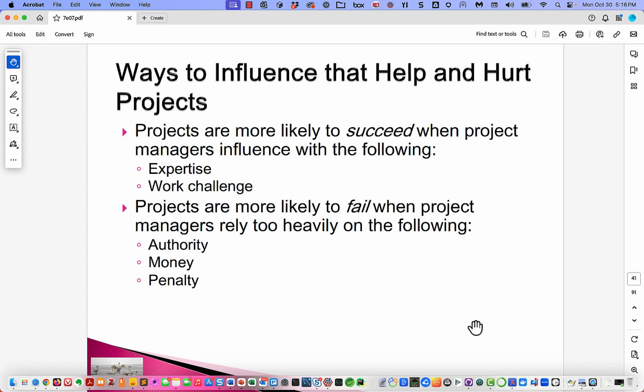So, not all these are equal, okay? The research indicated that projects are more likely to succeed when the project managers have influence that comes from their expertise or their ability to offer people challenging work. Projects are more likely to fail when the project managers rely too heavily on authority, money, and penalty.